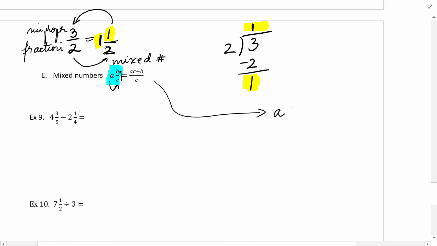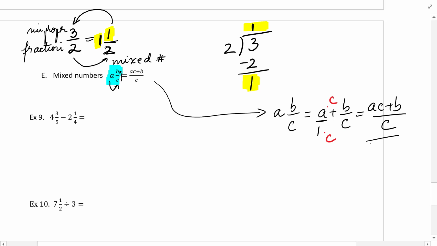Well, A and B over C actually means A plus B over C. So if I put A over 1 and I multiply by C over C, we are getting AC plus B over C. So this is the reason why the mixed number is transformed into an improper fraction using AC plus B over C, because we are actually adding a whole number with a fraction.